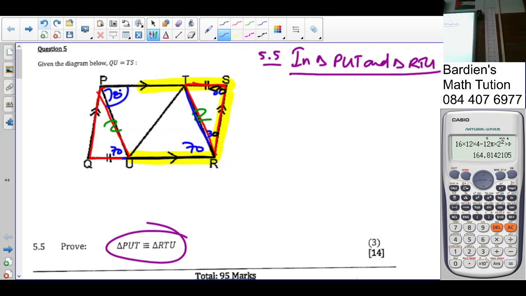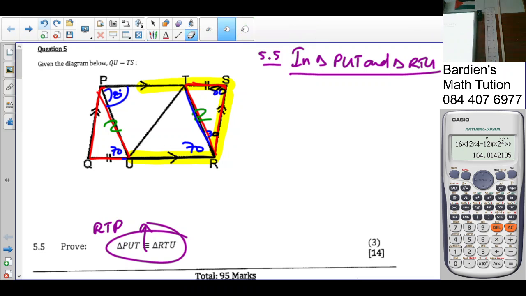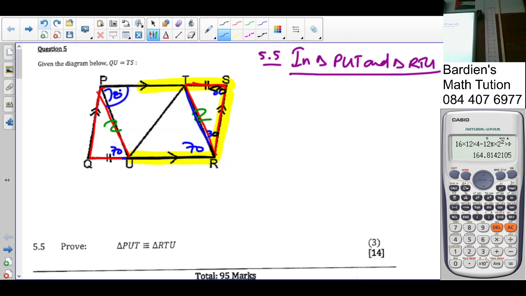Make sense? So never write whatever you must prove, unless you say RTP, required to prove, next to it. But just stay away from it. Especially when you are scratching over your geometry and coloring in, make it clear what you are doing. Don't let the examiner look for where your answers are.